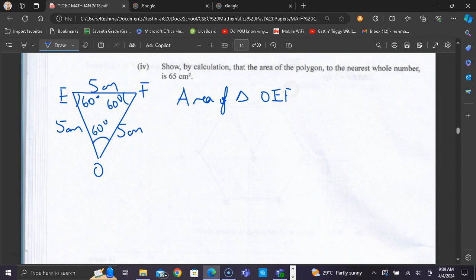So, area of triangle OEF, a half ab sine C, which is actually a half times the two sides times the sine of the angle that is in between the two sides. So if we apply that to our triangle here, a half times, if we look at these two sides of the triangle, OE and OF, so it's a half by OE by OF by sine of, and the angle in between those two sides would be 60 degrees.